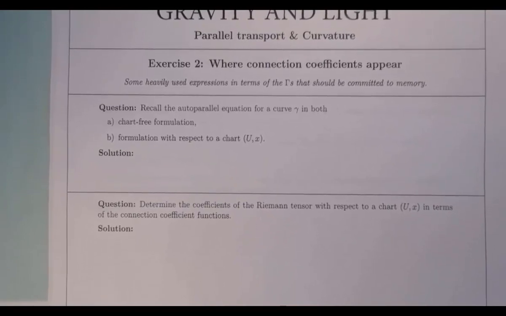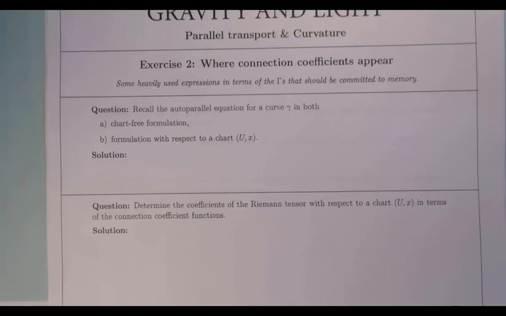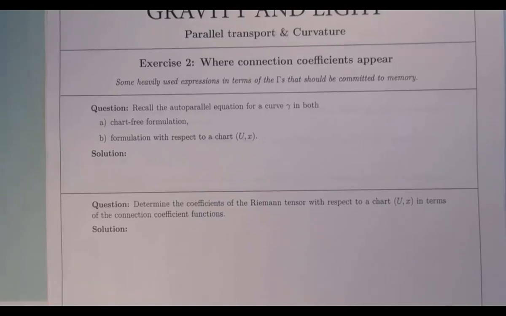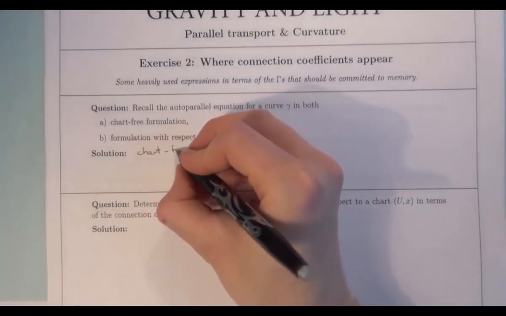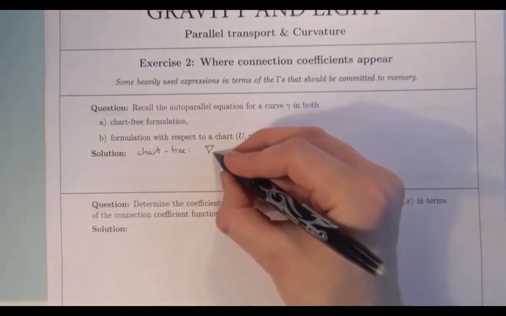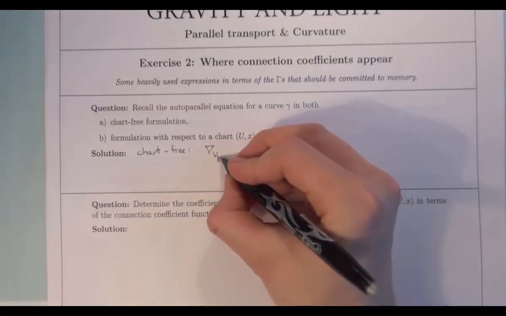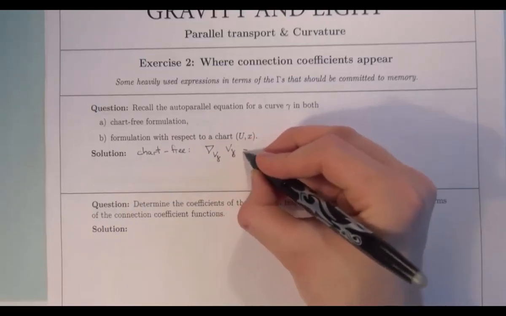Here connection coefficients appear. Let's recall the autoparallel equation for a curve gamma in the chart-free formulation as well as in the formulation with respect to a chart. The chart-free formulation is just that the covariant derivative with respect to v gamma acting on v gamma itself is 0.